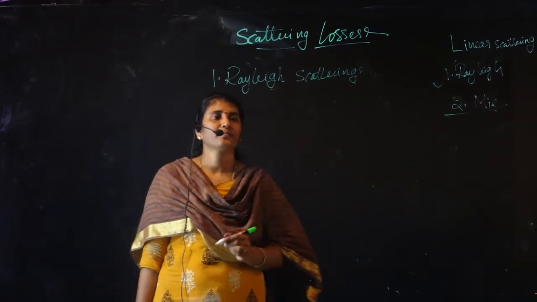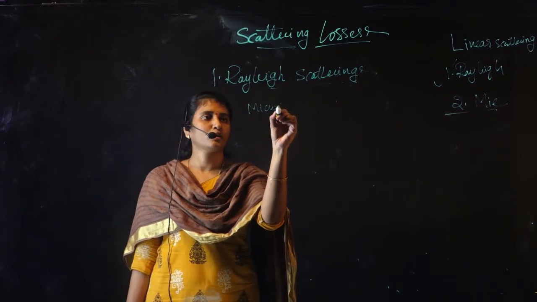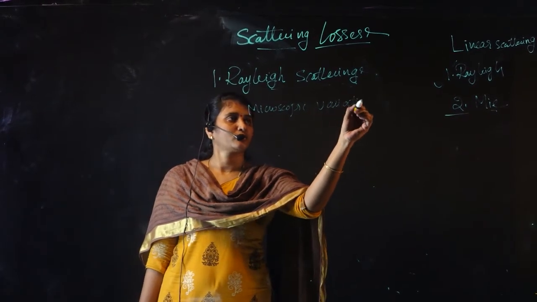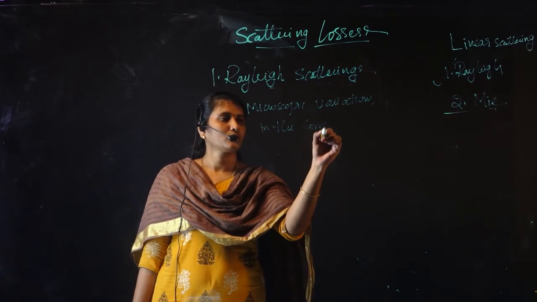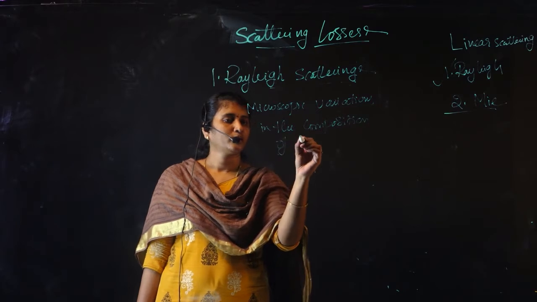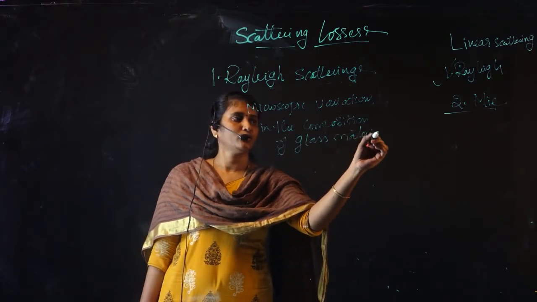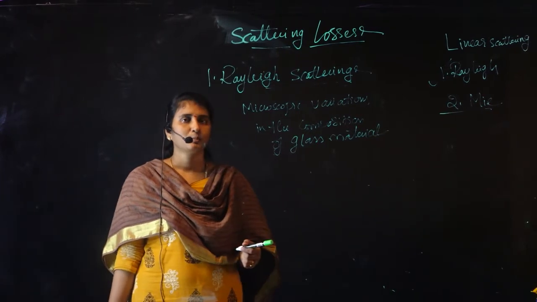Rayleigh scattering occurs due to microscopic variations in the composition of glass material. It occurs mainly due to compositional variations in the glass material.